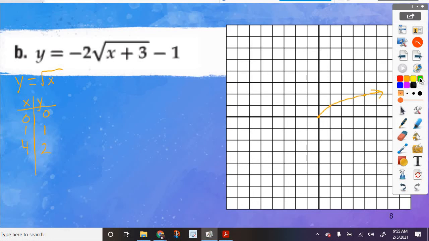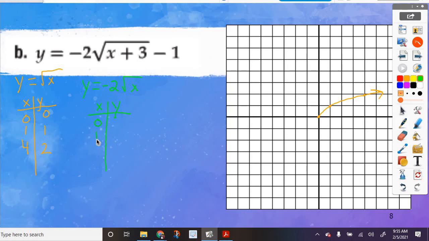It looks something like that. Except notice this time, the shape of the graph that we're looking at is not just the shape of our normal square root function. Notice that we have an a value, which is negative 2. So I'm going to look at how that a value would affect my graph.